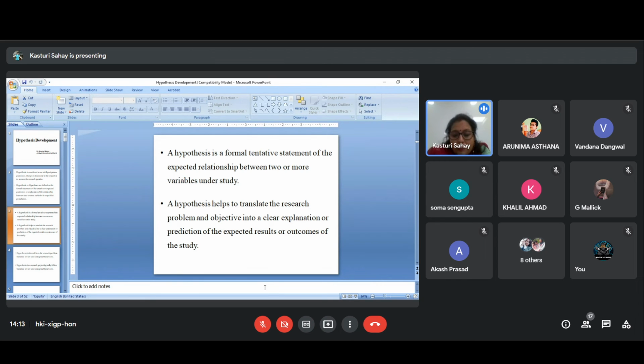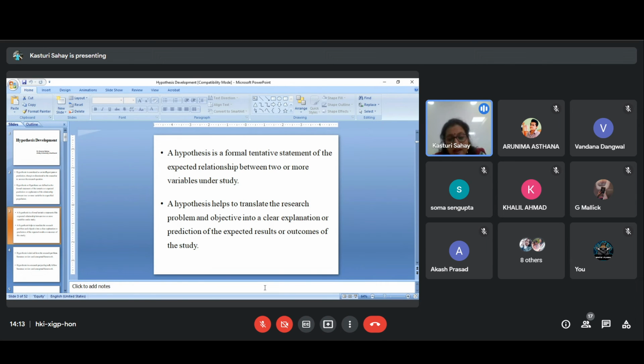Okay? So a hypothesis helps to translate the research problem and objective. You need to visualize the link between your research problem and objective, your hypothesis, and then your final results and outcomes. When you talk of your thesis, there should be a link between your research problem and objectives, your hypothesis, and then your final result.